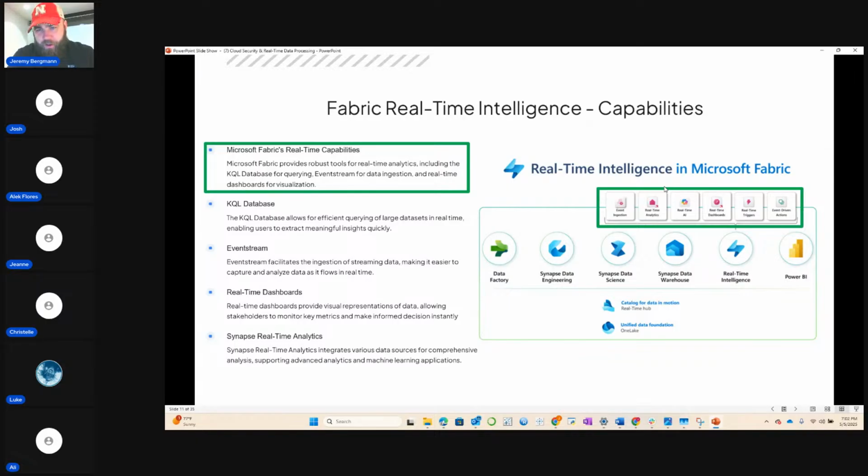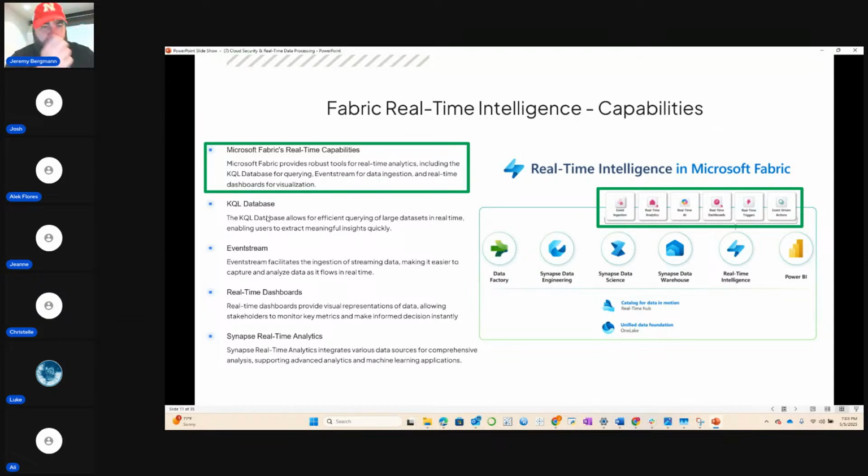But I haven't used it in there yet, and I have to see if it's ready. Probably not ready for prime time, but anyway, it does have all these capabilities. Robust tools for real-time analytics, including KQL database, event streaming, and real-time dashboards for visualization.